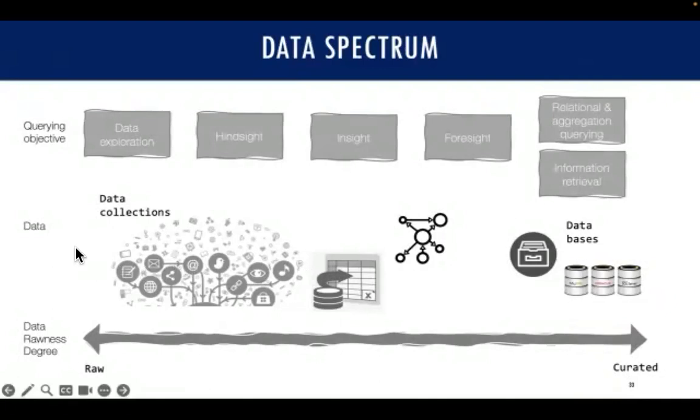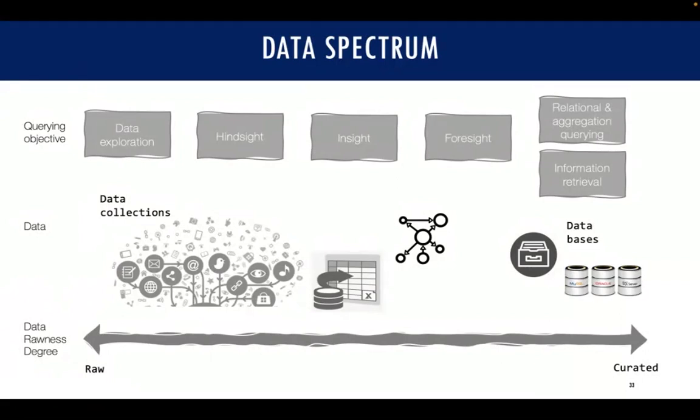Now, when I go back to this raw data, which can look like this, or like this, or like this, the very first thing that I can do, particularly with data with a high degree of rawness, is data exploration. Data exploration includes, as I said, performing a quantitative profile of the data.